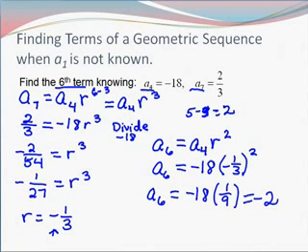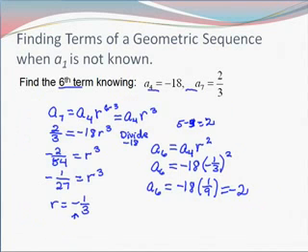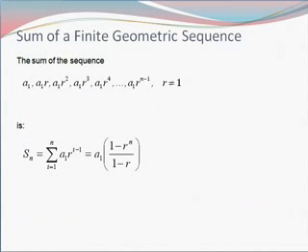Next, we're going to look at finding sums of geometric sequences. The first example we're going to look at is going to be the sum of a finite geometric sequence. So you can see here, it stops. We don't keep going on and on and on to infinity.